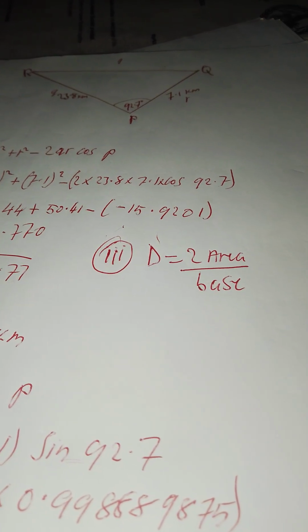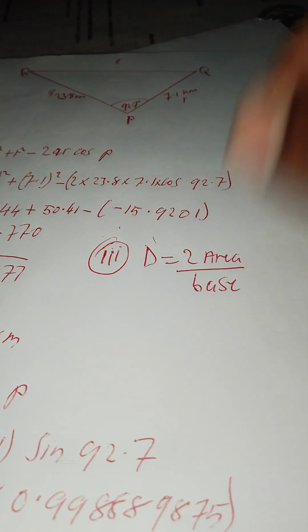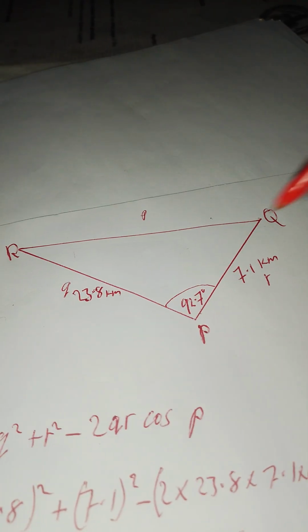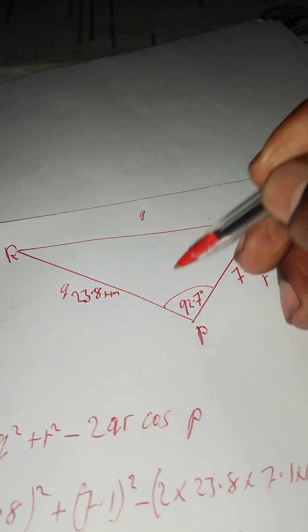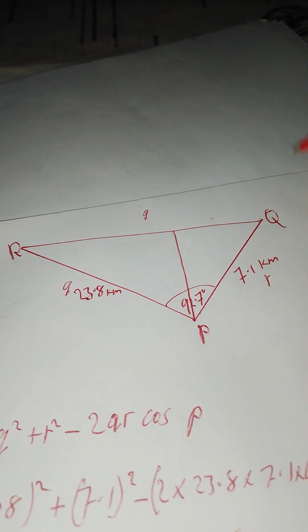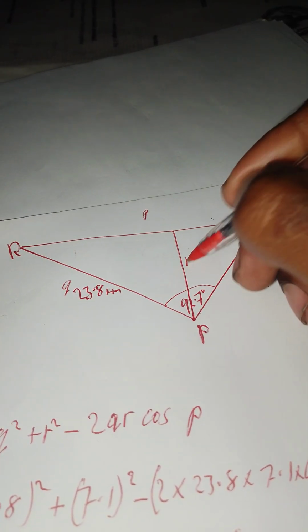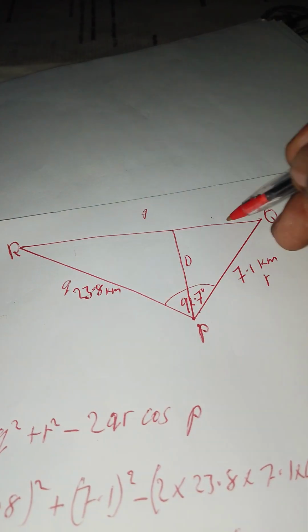So now the question is asking to find the shortest distance from P. P is here, check out this diagram, to RQ. So we are going from P to RQ. This is the distance they want us to find. So this one becomes the base.